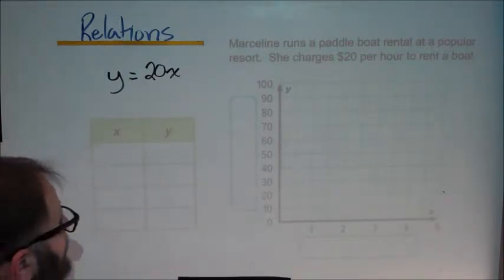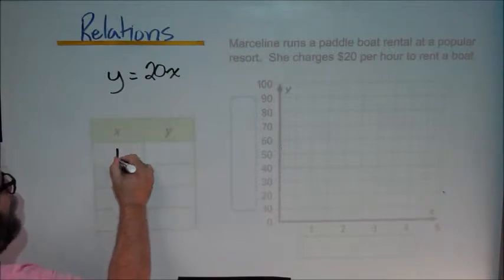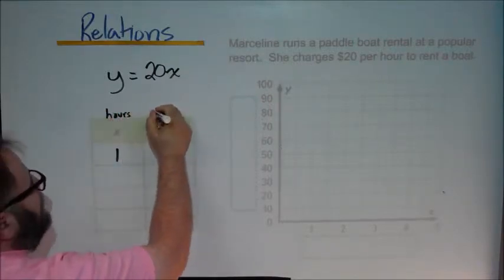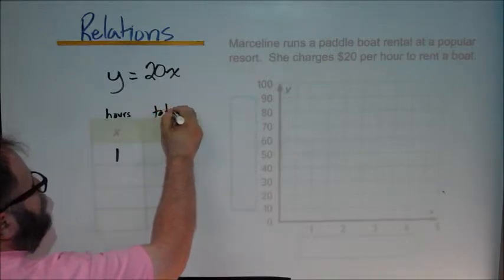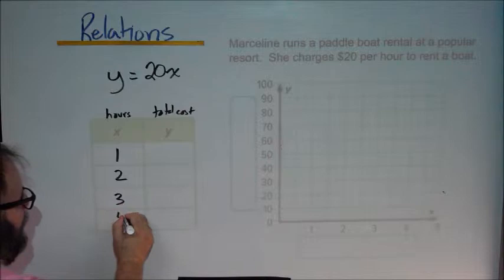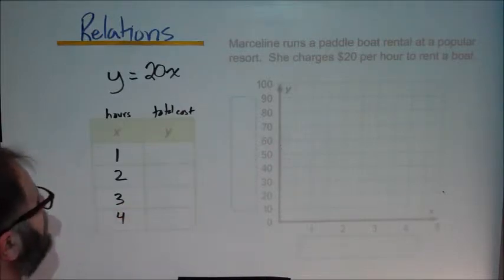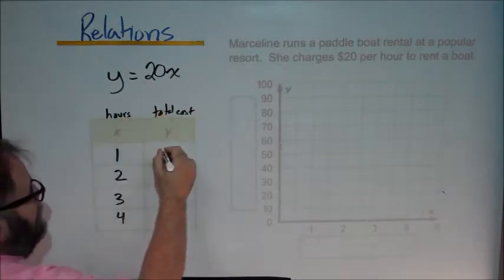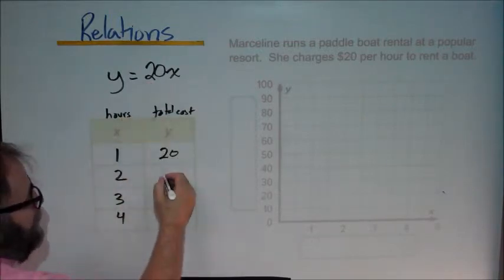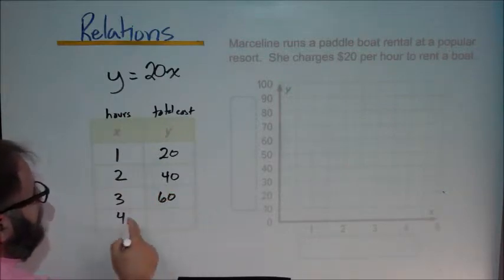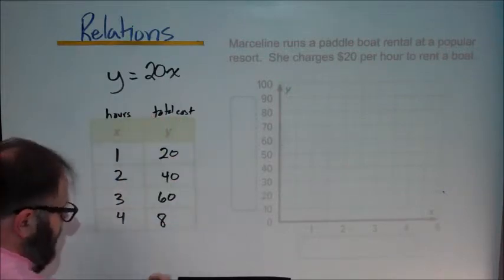Let's get some values here. Let's say this is hours, and this is total cost. So 1, 2, 3, and 4 hours. And then our rule is times 20. So 1 times 20 gives us 20. 2 times 20 gives us 40. 3 times 20 gives us 60. 4 times 20 gives us 80.